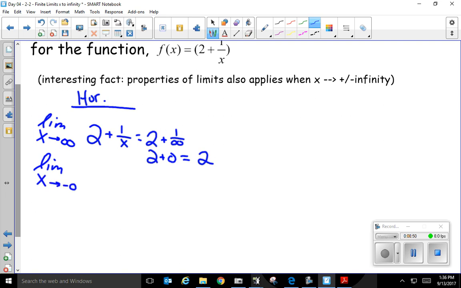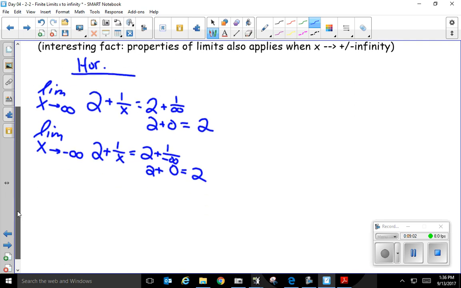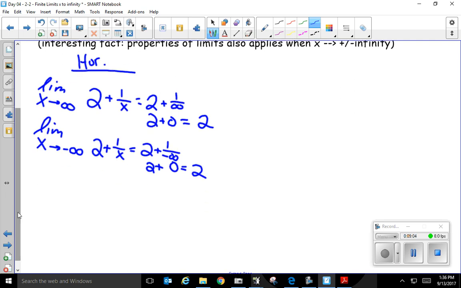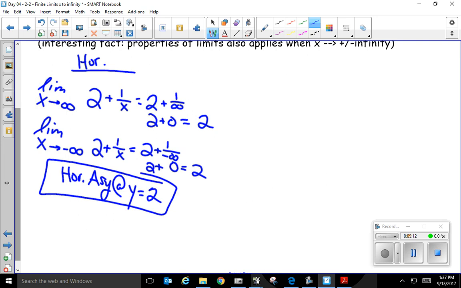I think you realize it should be the same thing, right? 2 plus 1 over x. That's like 2 plus 1 over negative infinity, which still approaches 0. And that is also 2. So there is a horizontal asymptote at y equals 2. Not crazy.